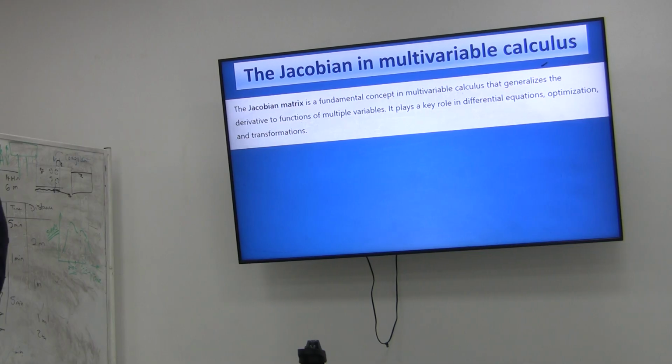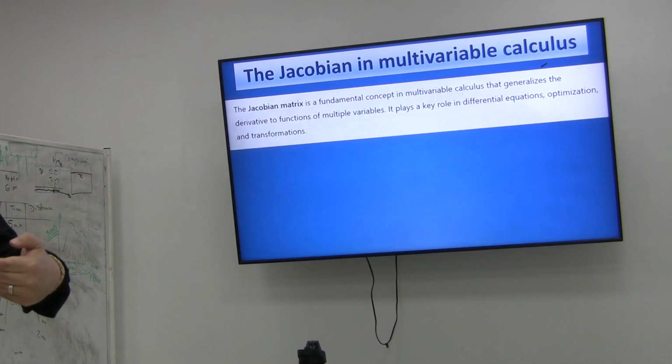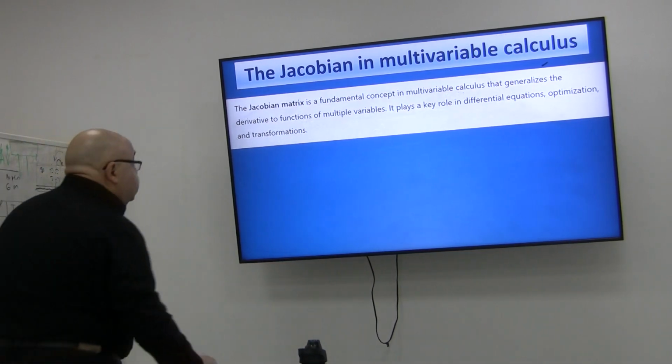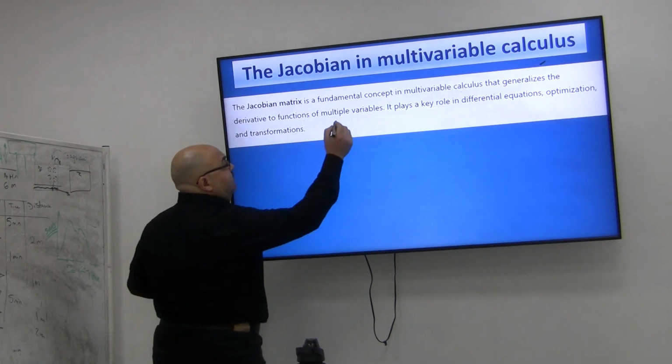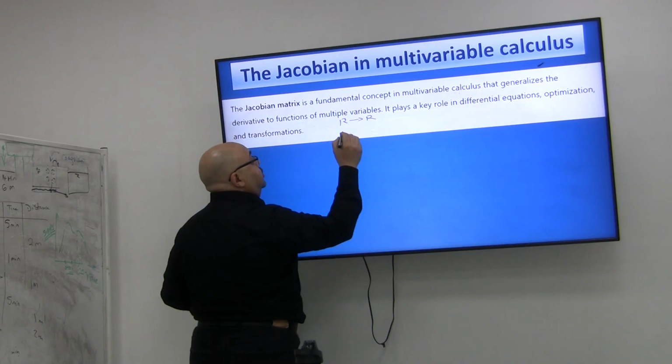We also have vector valued functions. What are vector valued functions? The input is more than one variable, and the output is more than one variable. So once more, I have from R to R, single valued functions.